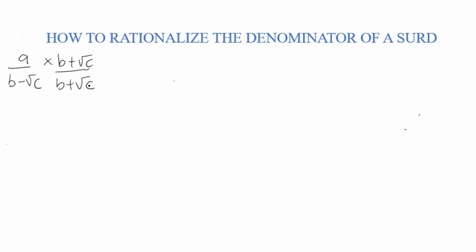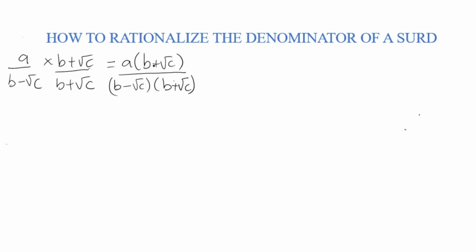So a times b, so we write it in this form, which is a into bracket b plus root c, all divided by b minus root c, b plus root c.